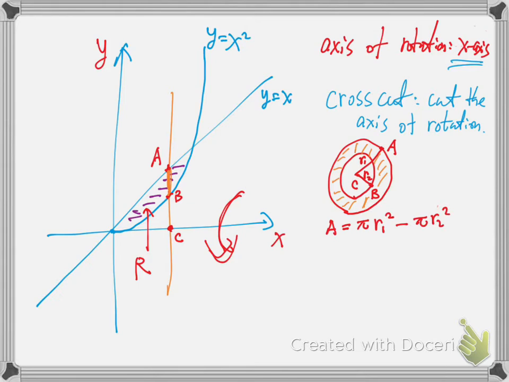Still we will label A and B first, and then we will know how far B is from C and how far A is from C. Let's change this A to area, because later we will have points A and B.